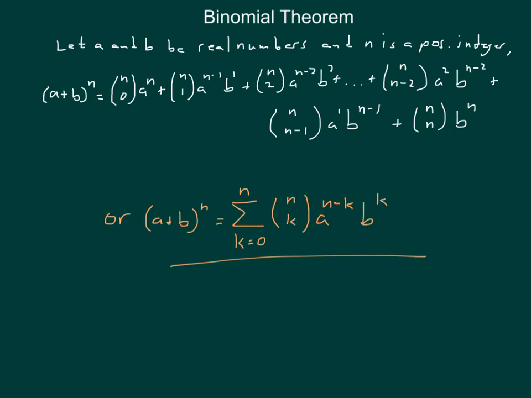Notice that in the first one and the last one we don't have the a and b. We don't have the b here because that would be b to the 0, which is 1. And the same thing would be true here. That would be a to the 0.